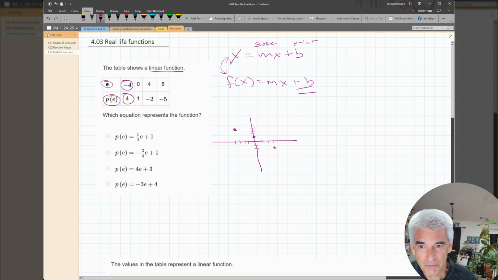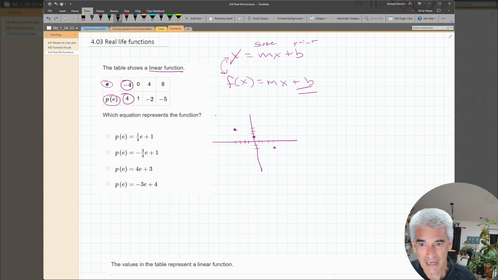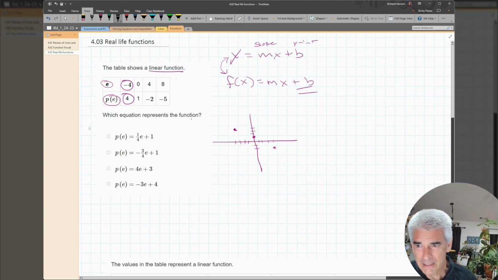So starting with the left point and trying to find the slope, how far down did I go? I could look at the chart. Starting at this point and going to this point, how much did my y value go down by? My y value started at 4 and it ended at 1. You can use the values in this chart to help us with that. So I went down 3.